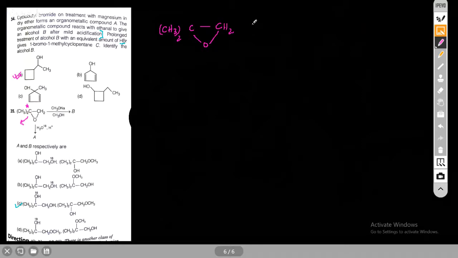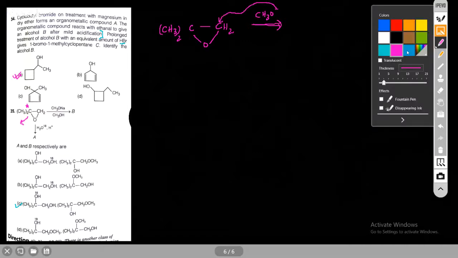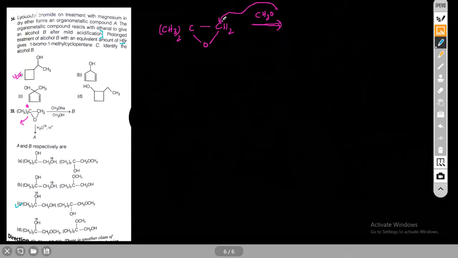When the reaction takes place in basic medium, CH3O minus attacks the less hindered carbon atom. Always in the presence of base, the less hindered carbon atom is attacked, and the ring opens up from the less hindered side. So we say in basic medium the ring opens up from the less hindered side.